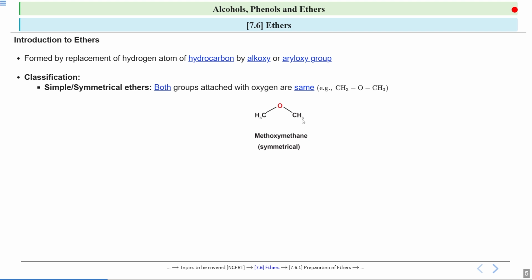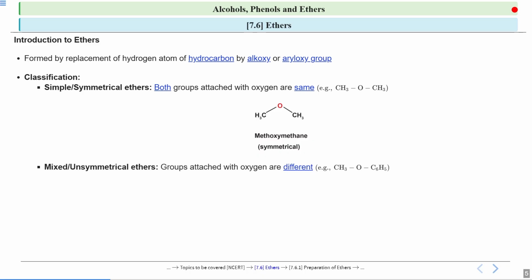So we can take either one of them as alkane or methoxy. We will write this group, O and this CH3 group, as methoxy. And this alkane group is methane. So it is methoxymethane. And it is symmetrical in nature: if you cut this molecule from between, then both sides will be the same. It is a symmetrical ether.